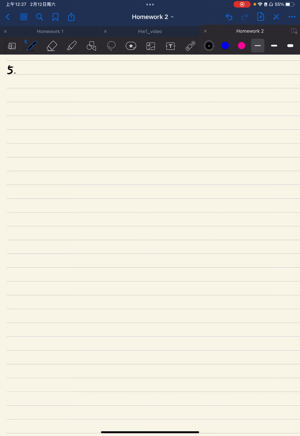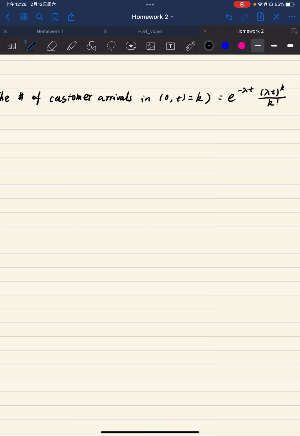Now we have the model: the probability that the number of customer arrivals in 0 to time t equals k is e to the power of minus lambda t, times lambda t to the power of k, divided by the factorial of k.